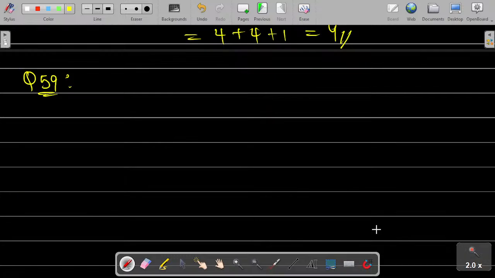Right? So 59 says a polynomial function with leading term 3x. Let me write it.